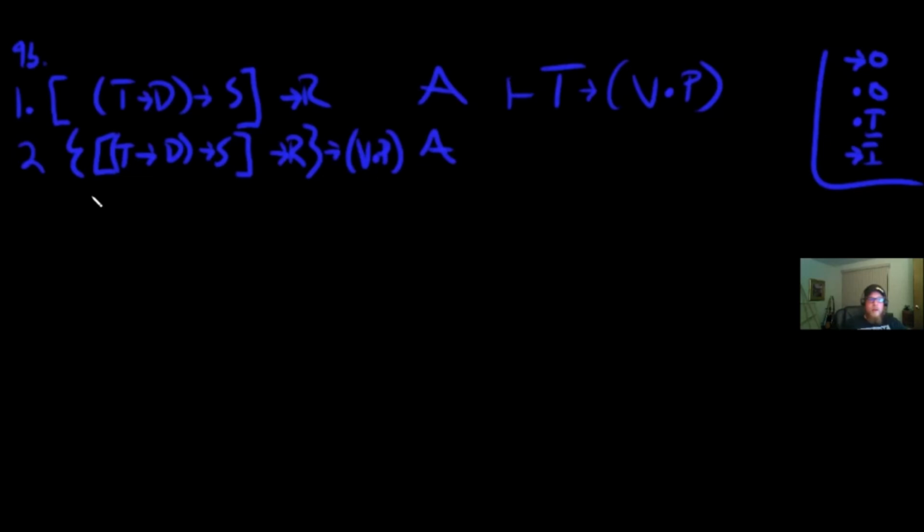Now this line 2 looks intense. What are we supposed to do? This is impossible to solve. This is actually super easy. Look what we have here. Do we have any arrows not in parentheses? Yeah, this one here.